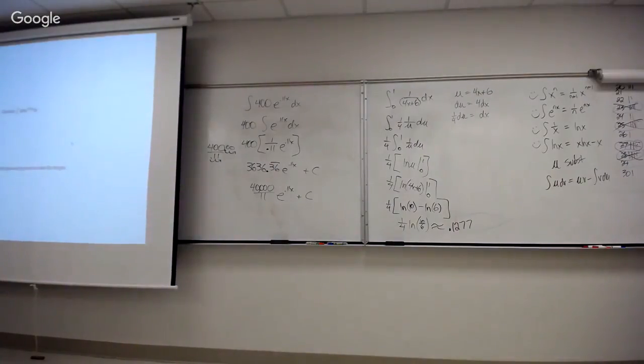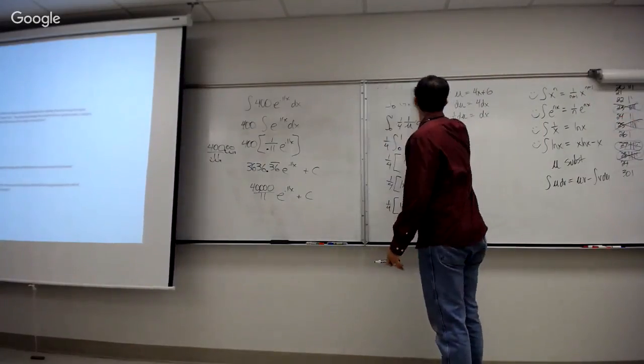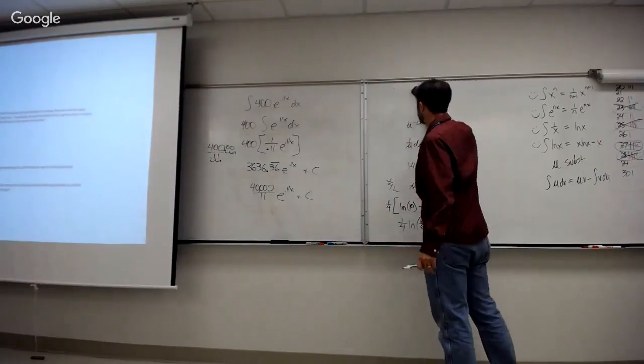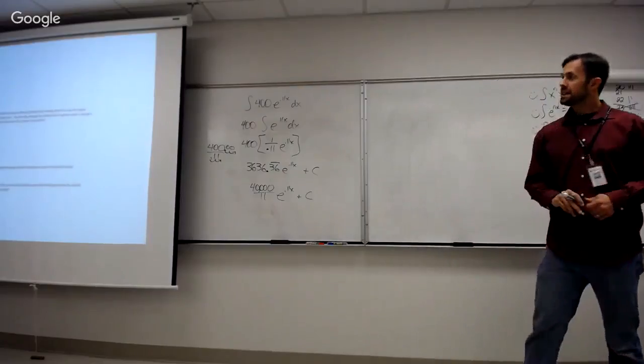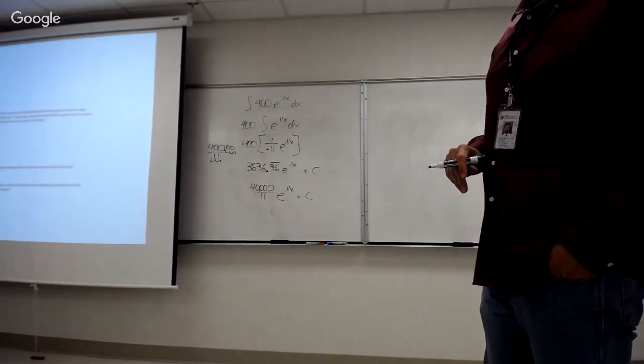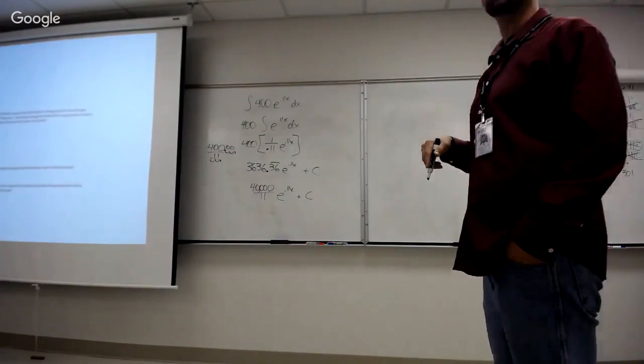Number 34. So this is a volume of a solid obtained by rotating about the x-axis. Who remembers that formula?